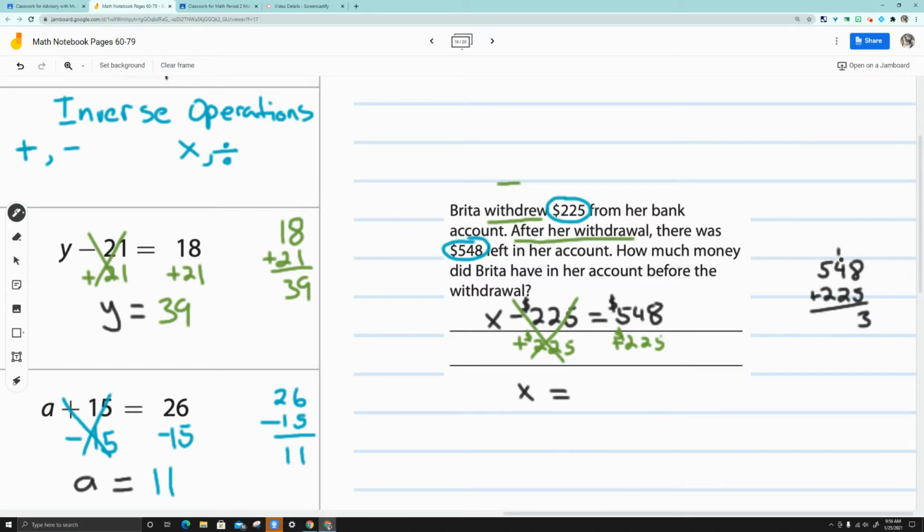Carry the 1. 1 plus 4 is 5, plus 2 is 7. 5 plus 2 is 7. So X is $773. So Britta, to answer this question fully, had $773 in her account before the withdrawal.